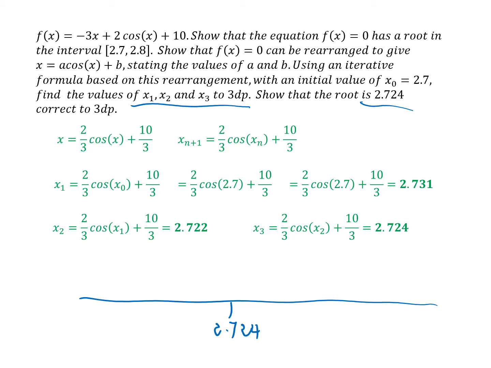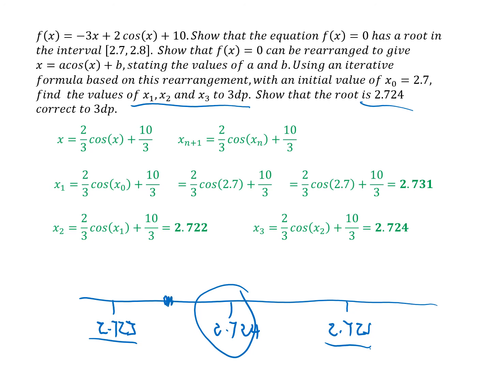The next number on the number line which is correct to 3 decimal places is 2.725, and the one before is 2.723. So if I want to show that the root is 2.724, correct to 3 decimal places, I need to show that it's closer to 2.724 than it is to either of these two numbers.